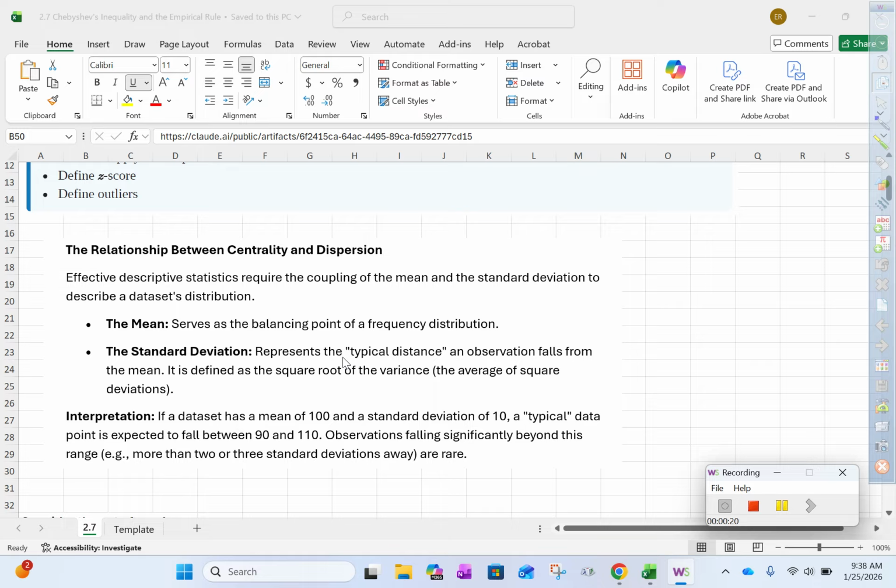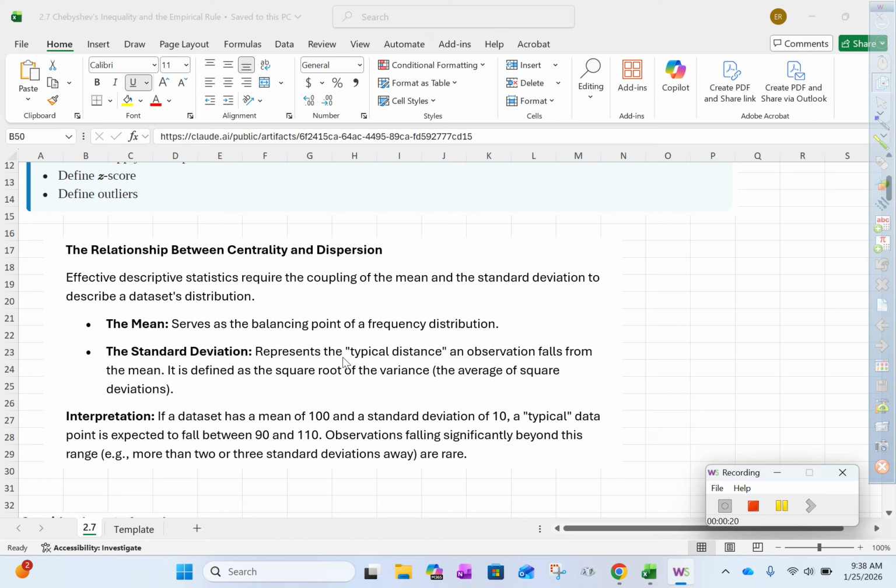So the mean is the balancing point of a frequency distribution, and standard deviation was that typical distance from the mean. Okay, so some of them are falling above, some of them are falling below, but typically they'll fall within this certain number.